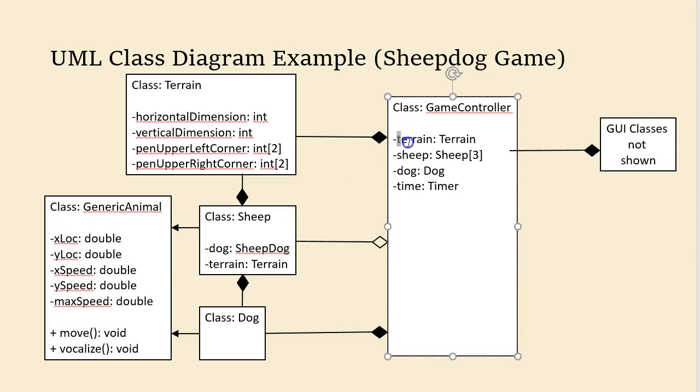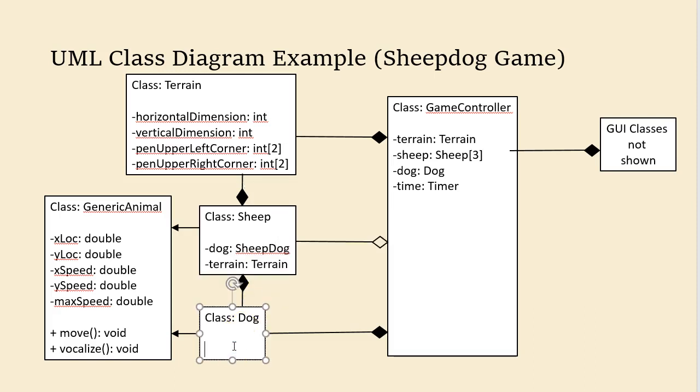We create that terrain object up here in the game controller, so the game controller knows about it. But then the game controller passes that handle down to the sheep, and now the sheep know everything about the terrain, so they know where they are. And we can, within the move method for the sheep, prevent them from running off the edge of the board, or once they get into the pen, prevent them from getting out.